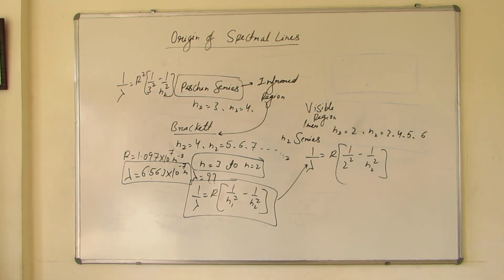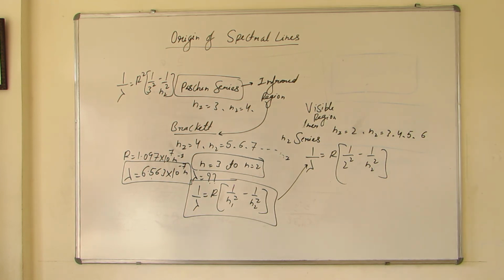Now this is a question from Bohr's quantization formula. So Bohr's quantization formula is this only, 1 by lambda equals R and all this. What we have to do is determine the largest wavelength in the Balmer series of the hydrogen spectrum.